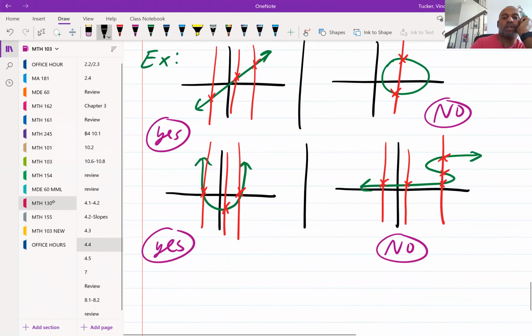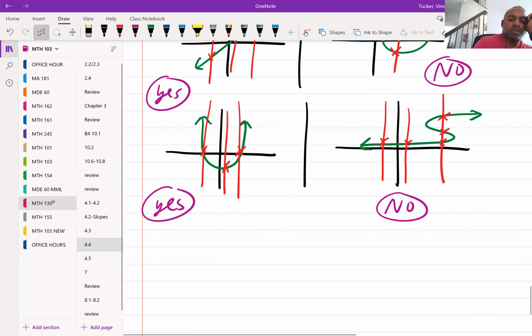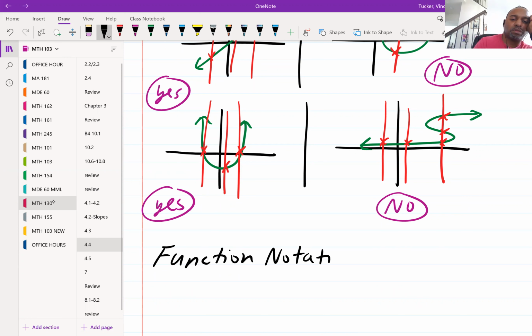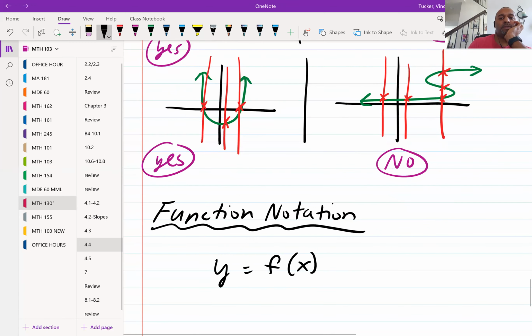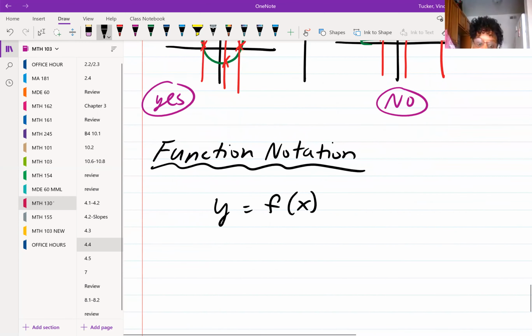Scroll up. Everybody okay? Everybody done with the graphs? Yes, sir.